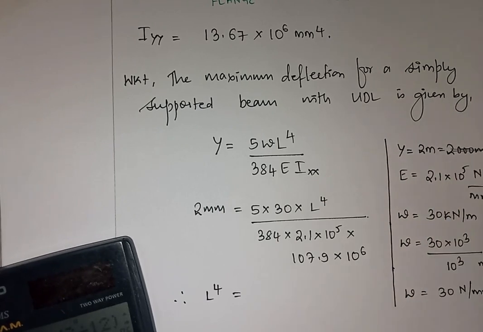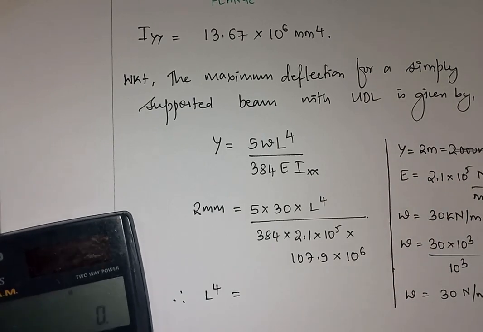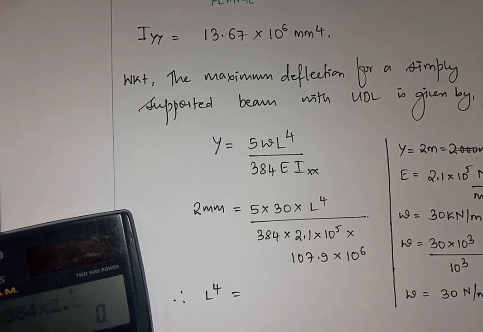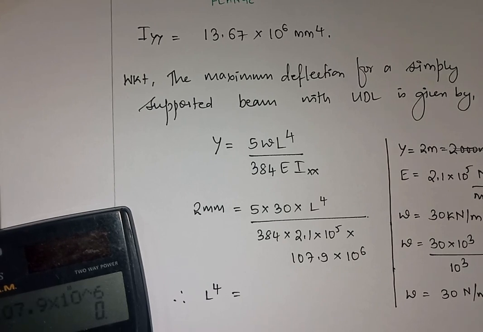So L raised to 4 is 2 into 384 into 2.1 into 10 raised to 5 into 107.9 into 10 raised to 6 divided by 5 into 30.